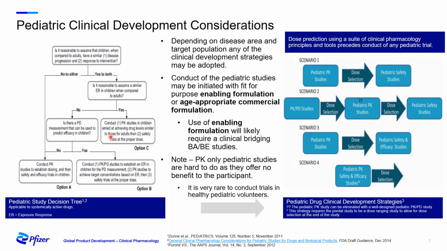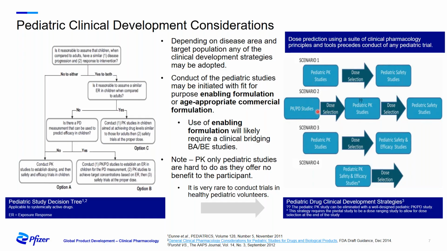And on the right side, you have scenarios that I have put together, which again reflect these options A, B, and C. Scenario 1 follows option A, where you do pediatric PK studies, you do dose selection, and then you follow it with pediatric safety studies.